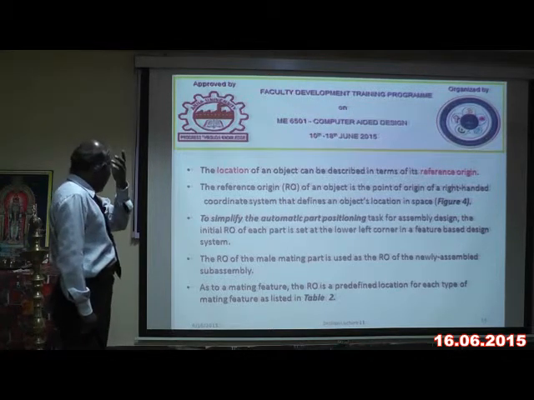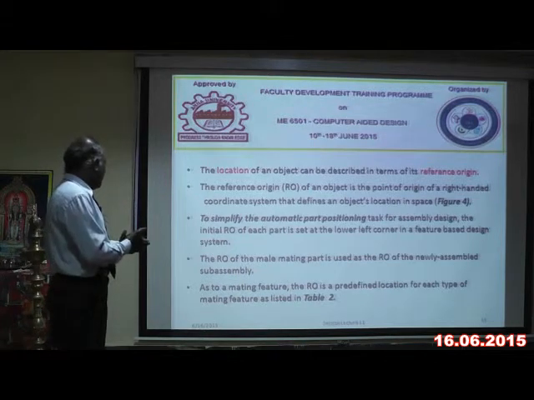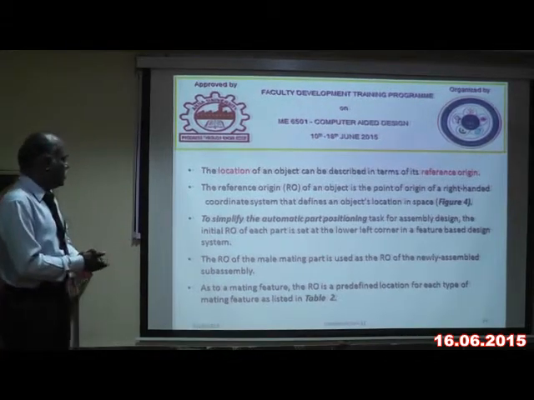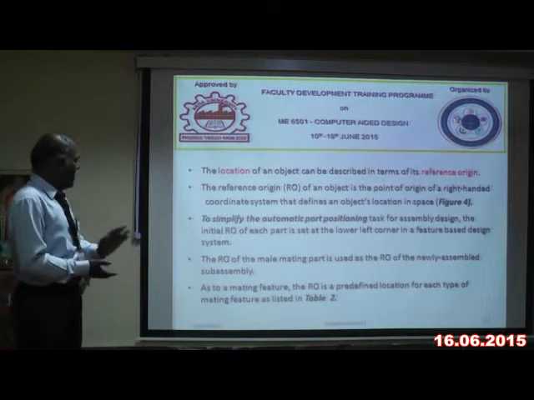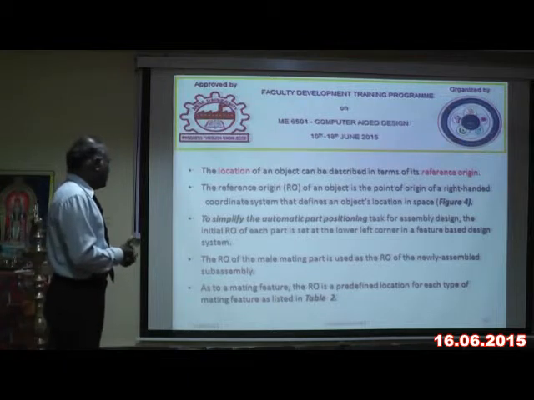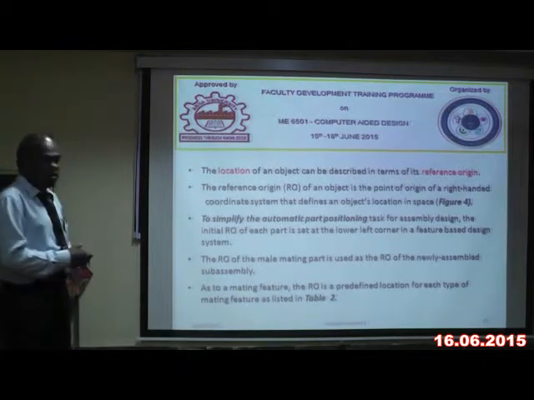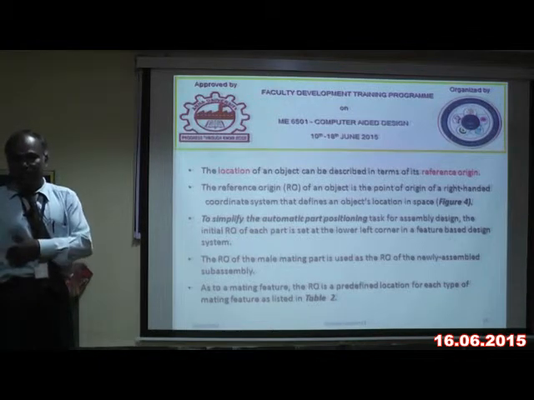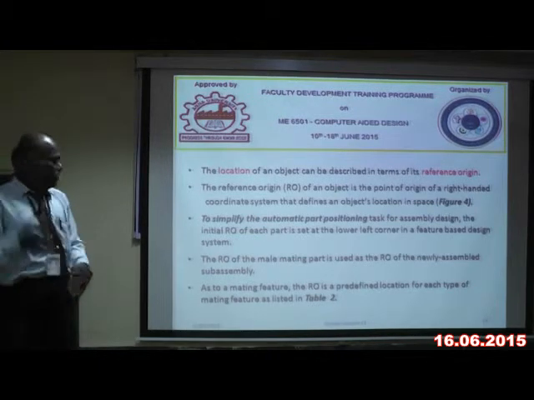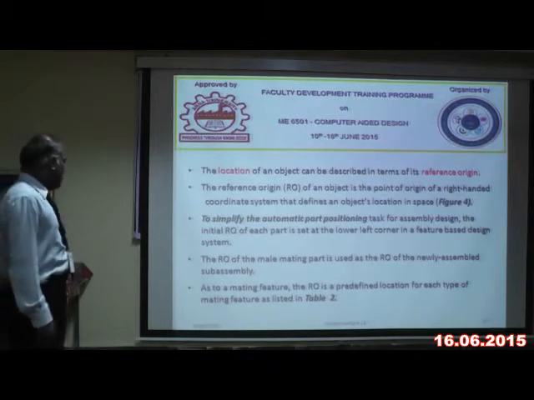As we already saw in the diagram, to simplify the automatic part processing task in assembly design, the initial reference origin of parts is set to the lower left corner in the feature-based design system. In the right-hand coordinate system, the starting point is the lower left of the base.